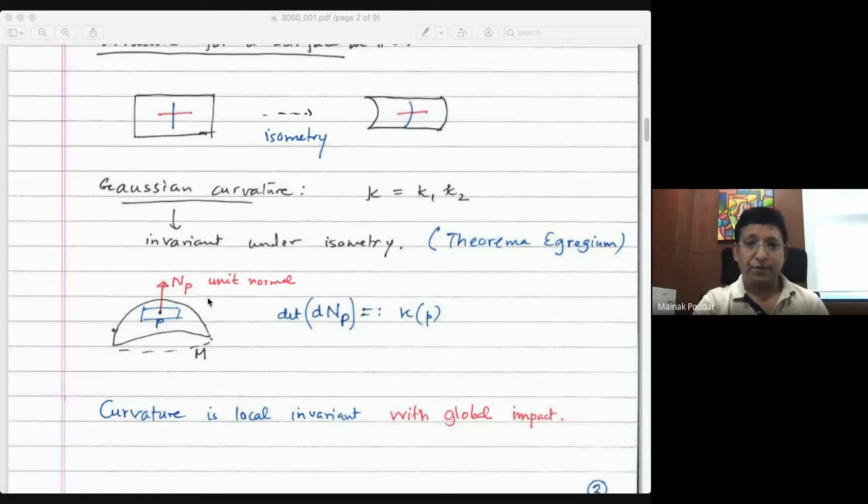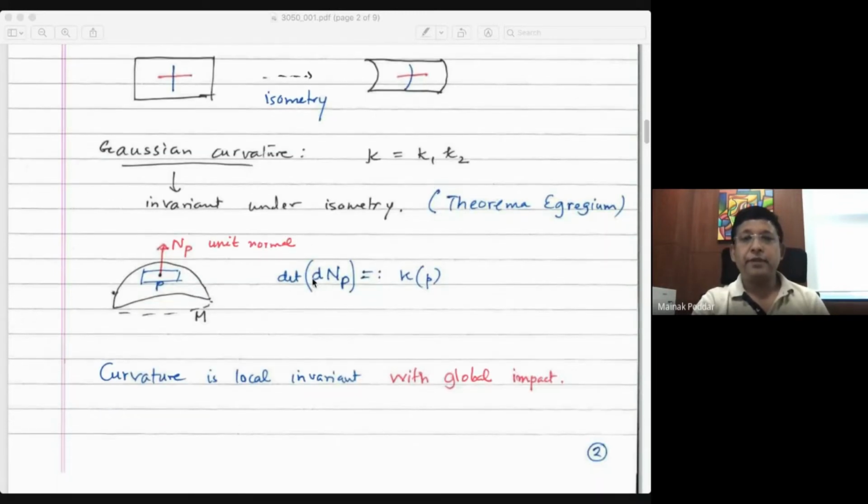So what you do is look at the derivative of this normal. The unit normal is a length-one vector, so you can think of it as an element of the two-dimensional unit sphere. So there's a map from the manifold to the two-dimensional sphere S2 given by these normal directions.